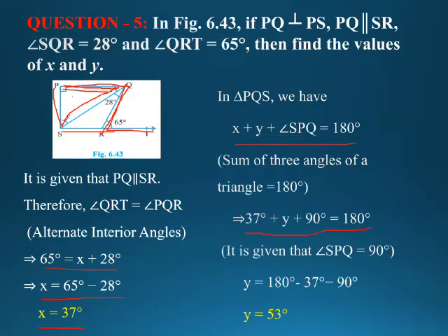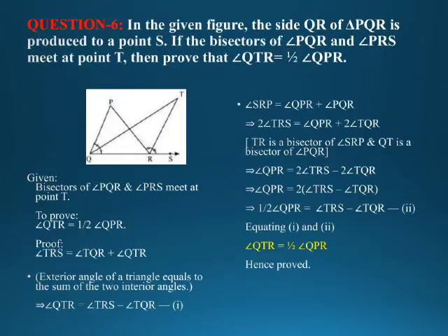This symbol denotes it is 90 degrees. So we can write angle Y equals 180 minus 37 minus 90 degrees. We can subtract this, so we get angle Y equals 53 degrees. Now angle X equals 37 degrees and angle Y equals 53 degrees.